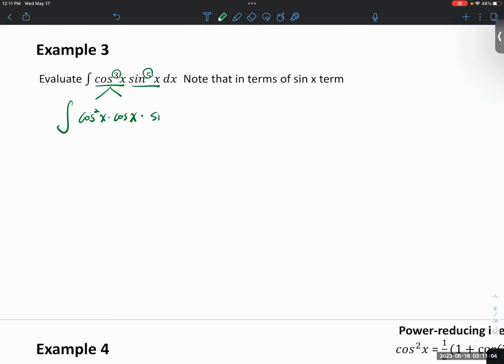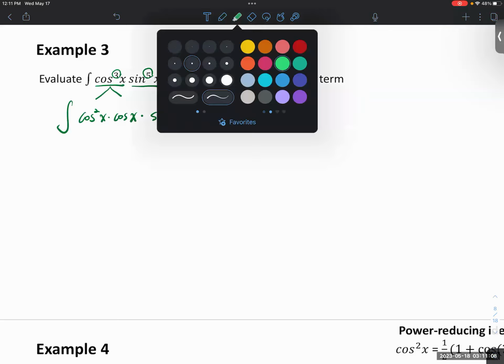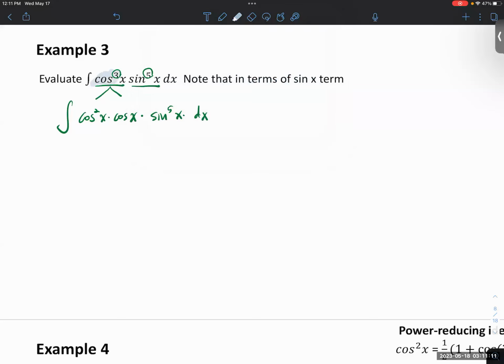And then you're gonna keep sine to the fifth x. I'm not gonna touch the other function. So I just break cosine cubed, one is a 2 and another one is 1. And why? Because cosine squared is the same as 1 minus sine squared x according to the Pythagorean theorem. So therefore, they're going to be the same. And then we have cosine x, sine to the fifth x, and dx.